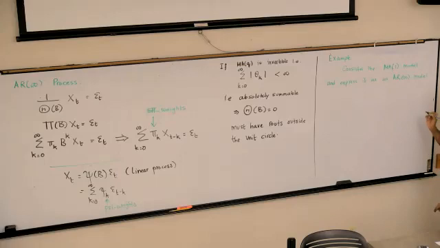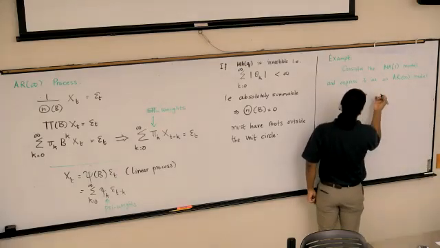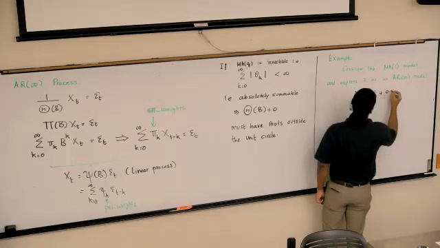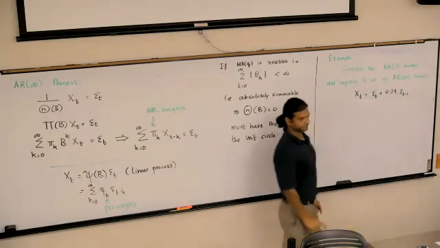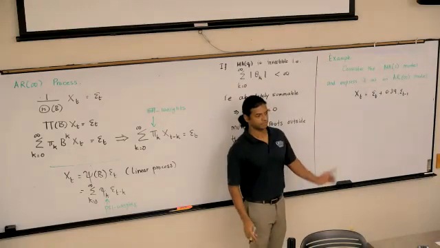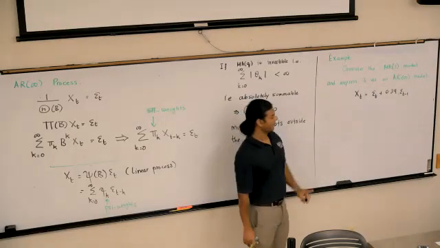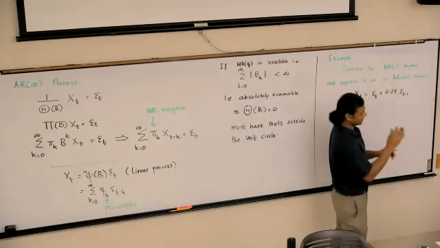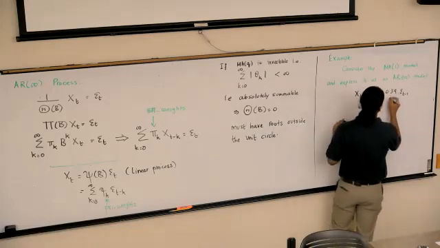Good. So here is the model. X_t is equal to epsilon_t plus 0.39 epsilon_{t-1}. Do we agree that that is an MA(1) model? What is uppercase theta of B? Well, that is theta 1.